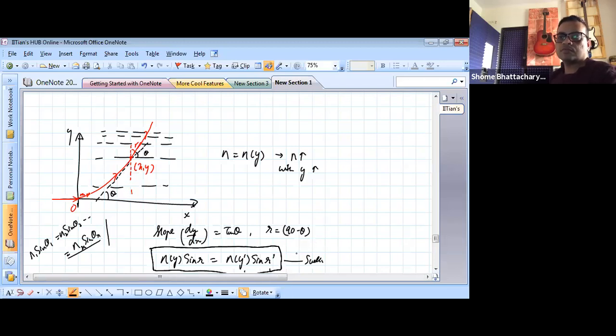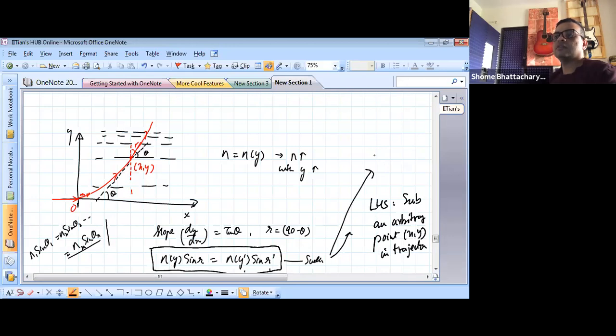So for this equation, now what we'll do is on the LHS, substitute an arbitrary point x comma y in the trajectory. Whereas on the RHS, we substitute a known point.